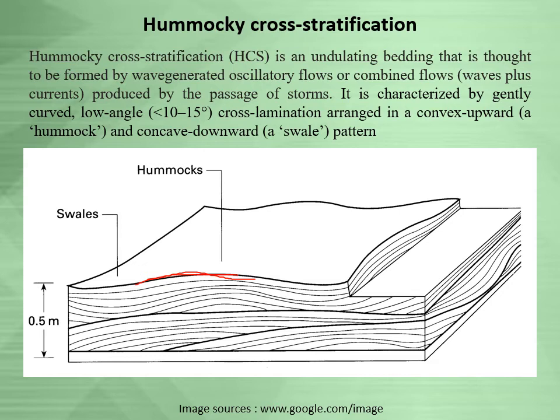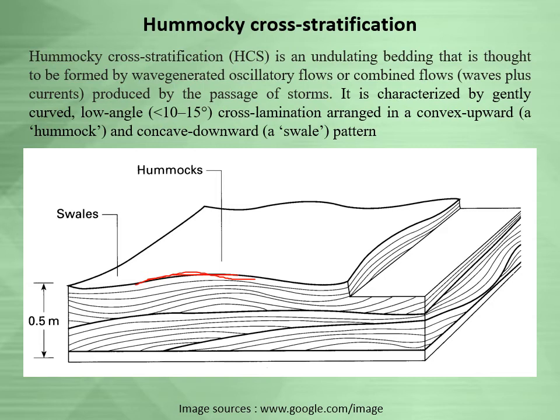to be formed by wave generated oscillatory flows or the combination of current and wave together with some effect of storm activity. So mostly these kinds of Hummocky cross stratification occur during some storm event.